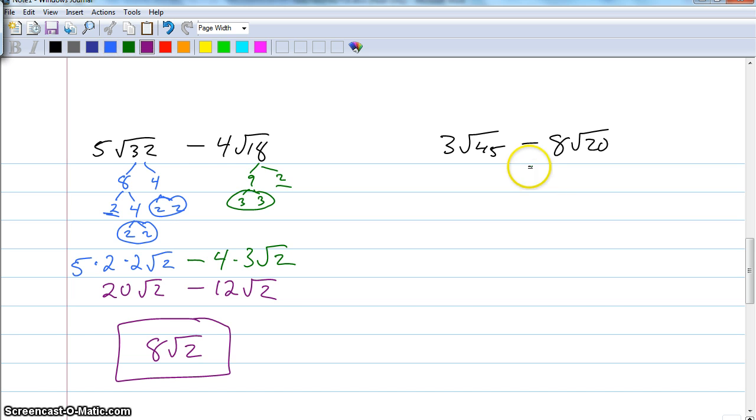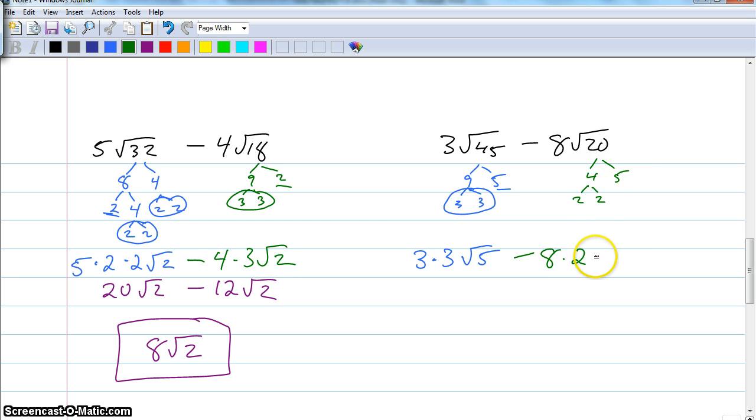All right, so go ahead and try the second one if you haven't yet. Second one you should have got 9 and 5, 3 and 3. There's already a 3 outside. But then this other 3 comes out, and a 5 got left behind. Minus 8 times, let's break down 20. 20 breaks down to 4 and 5. 4 is 2 and 2.